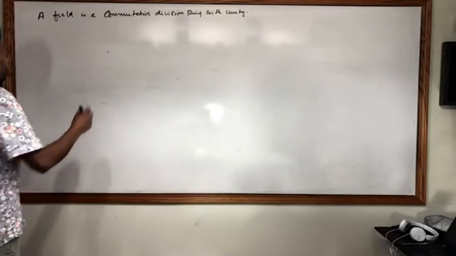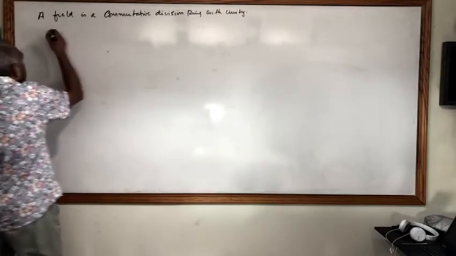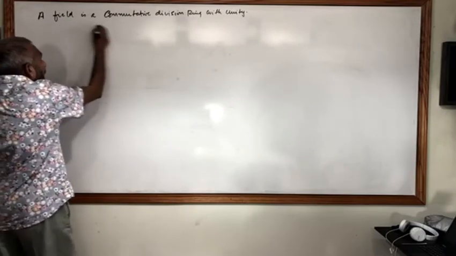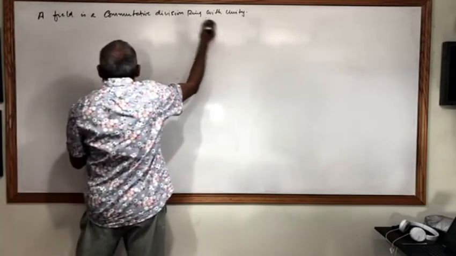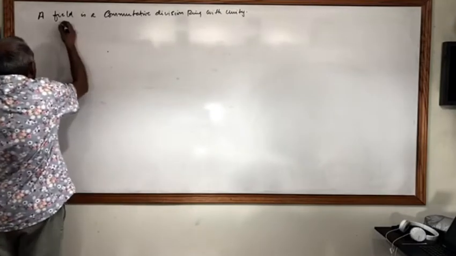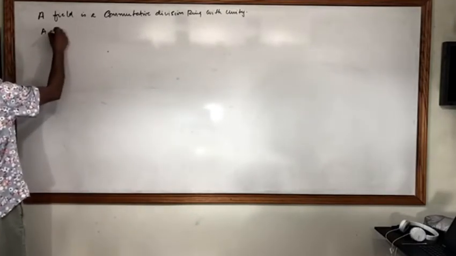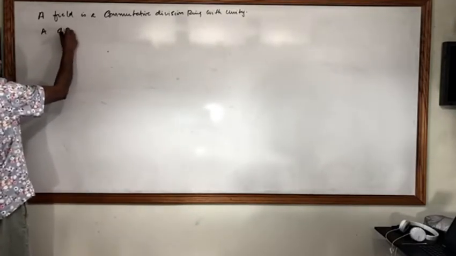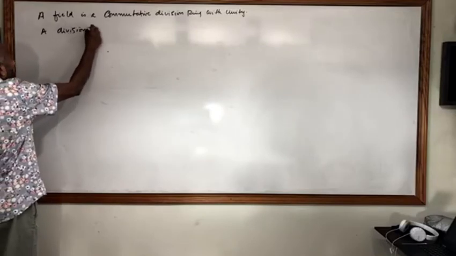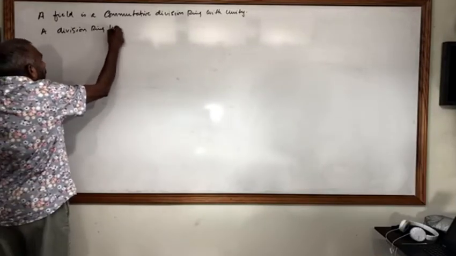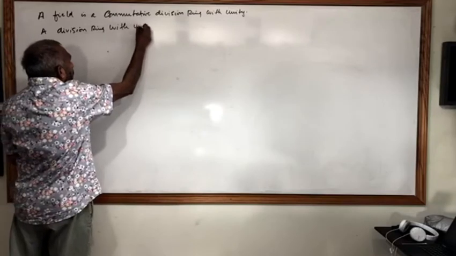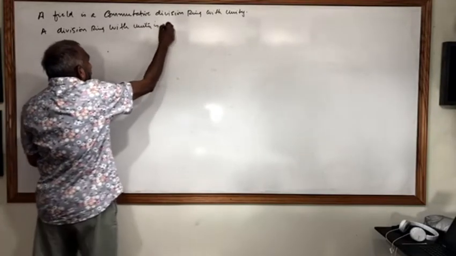Now, if you are not sure the field is commutative, if you just say a division ring with unity, that is called a skew field.